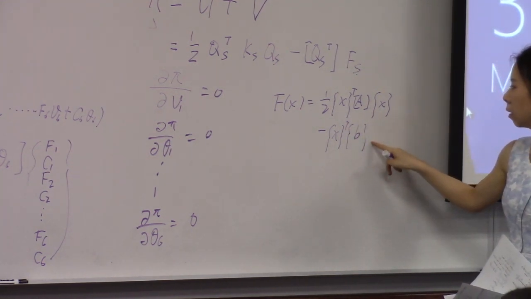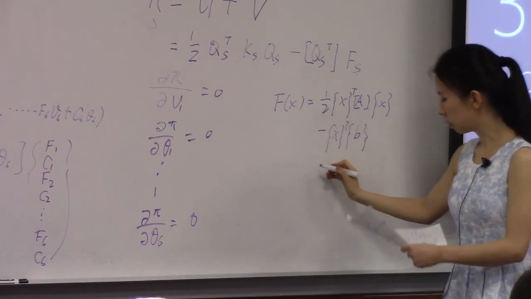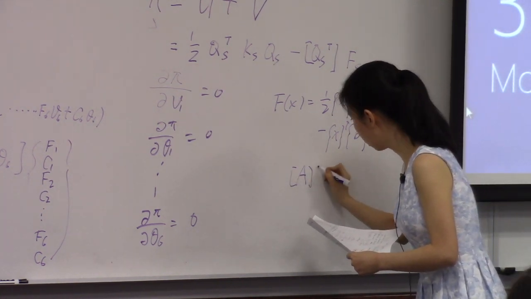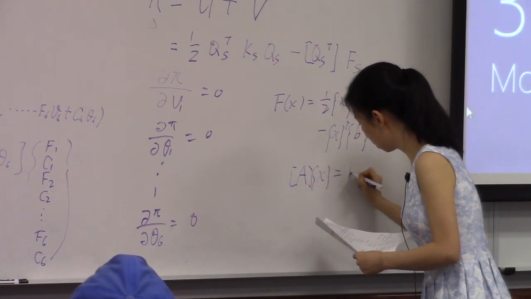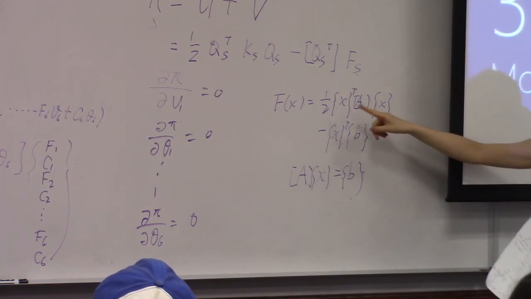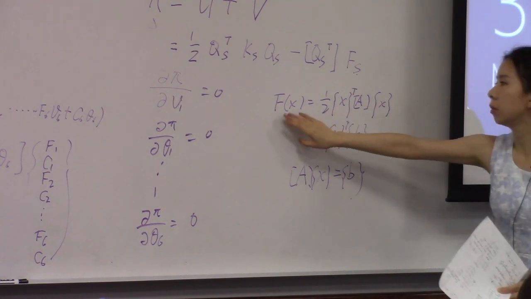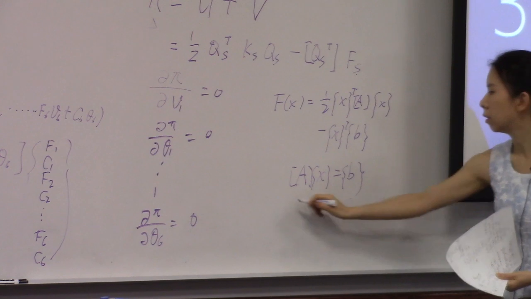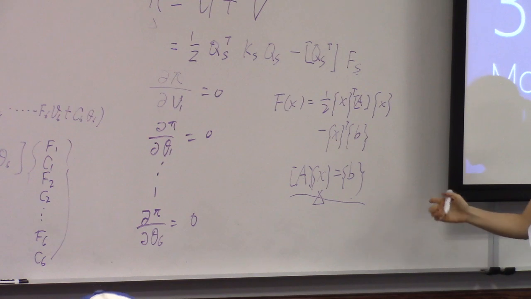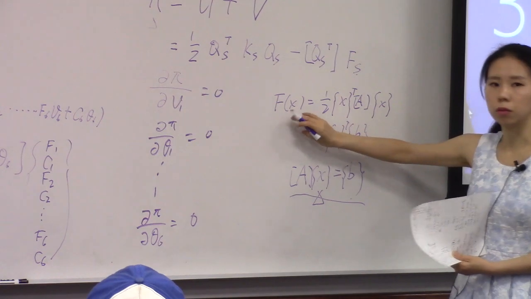To find the minimum of f, this x should satisfy this one. So this is more like 1/2 a x squared minus bx, and to find the minimum of this value, it should satisfy this condition. When you calculate this one, it gives the set of variables that make this reach the minimum.